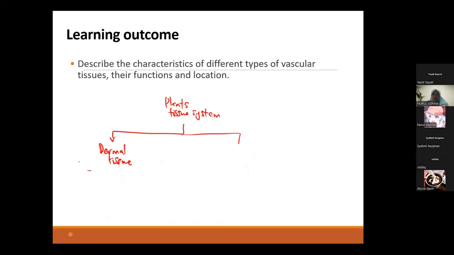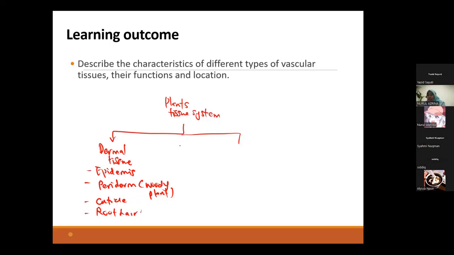It is the outer covering, right? So we have epidermis. We have periderm, okay, for woody plants. Okay, and then we have cuticle, right? And the other one is root hair. Like that. Alright? Okay, so that is dermal tissue.